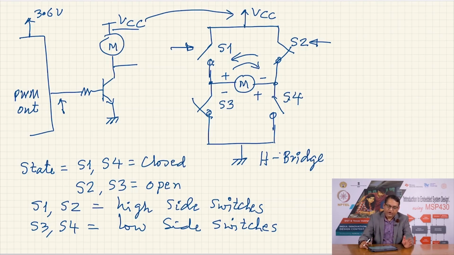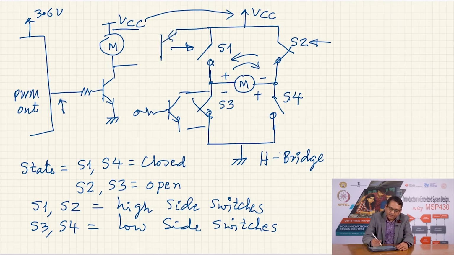S3 will be implemented with this part as collector, this part as emitter, and you will get a base. Similarly, for S1 and S2 you will get a PNP transistor, where this side will be the emitter, this side will be the collector, and you will get a base control. So, you get base controls for the switches, and internally the emitters and collectors are appropriately connected.